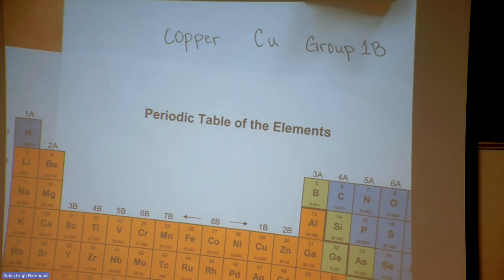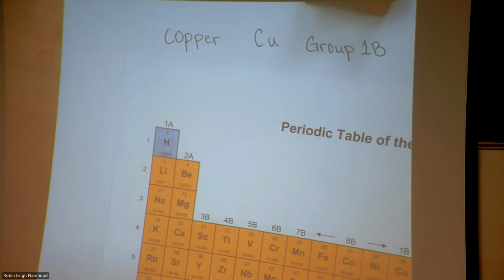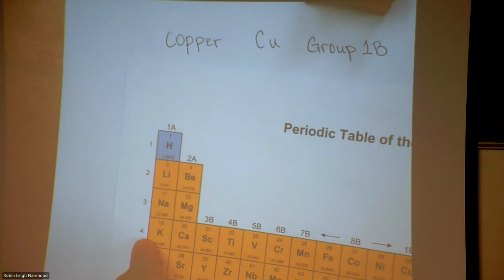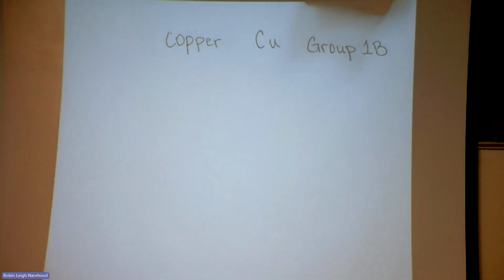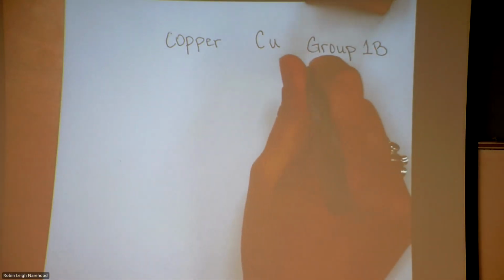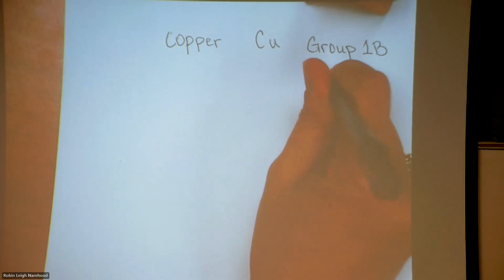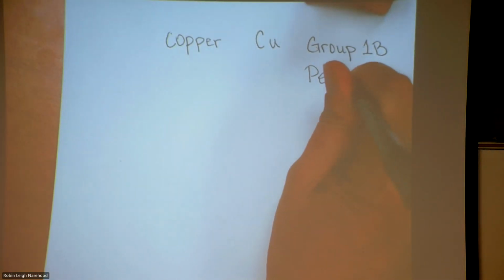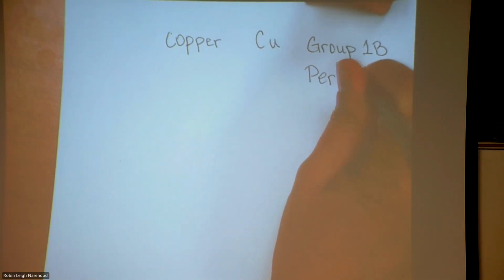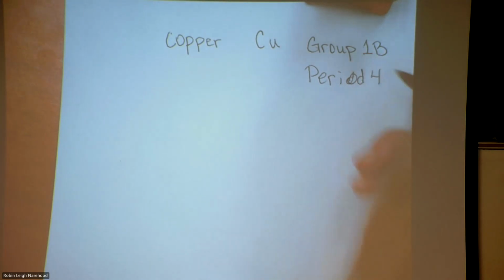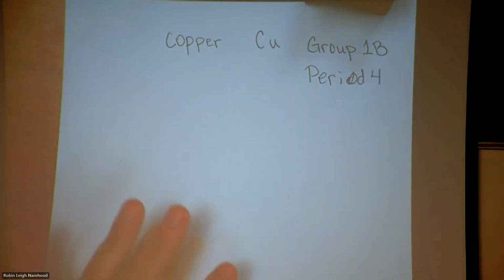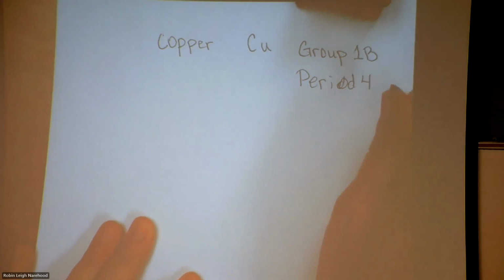And then it is in row 4. The rows are called periods. So it is in period 4. So this is its row.